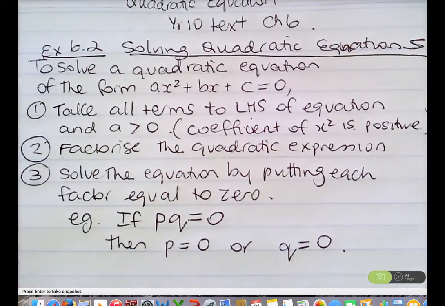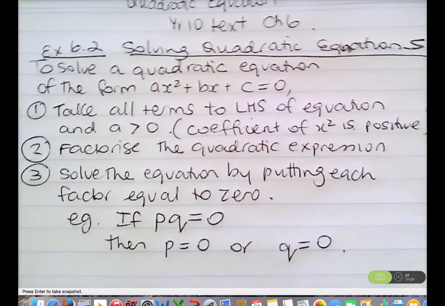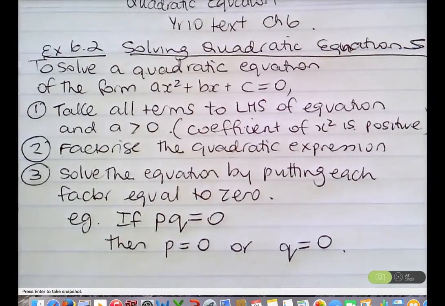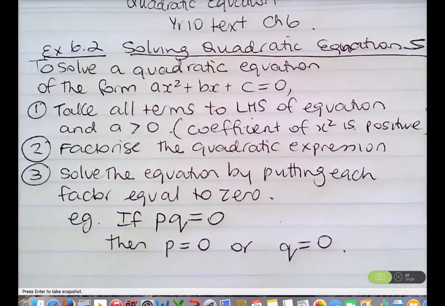A is greater than 0, meaning the number in front or the coefficient of the x squared is positive. You then factorize. That's where we're revising all that factorizing stuff that you did earlier in the year. And then solve the equation by putting each factor equal to 0. Because if all of it's equal to 0 and it's factorized, then one bit is either equal to 0 or the other bit's equal to 0. Once I do some examples, you'll understand what I'm doing.